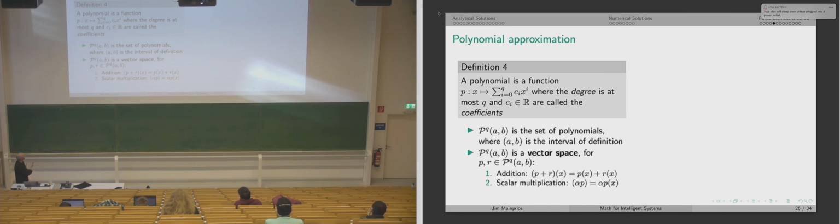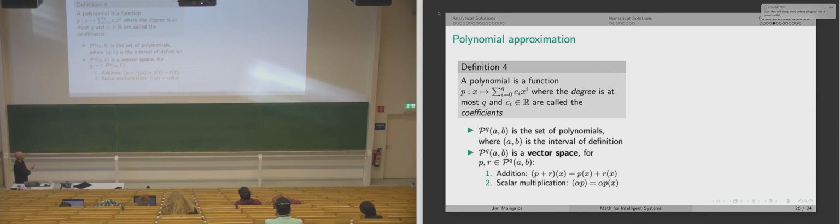So the set of polynomials is actually a vector space, and we saw that in the linear algebra lecture: the space of functions is closed under addition and scalar multiplication.